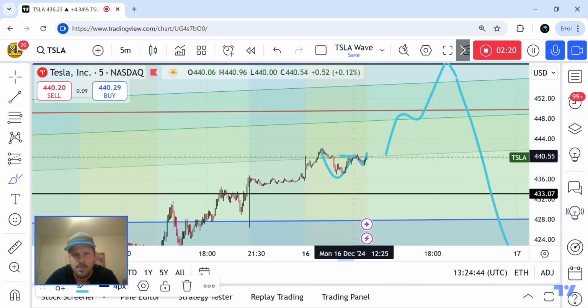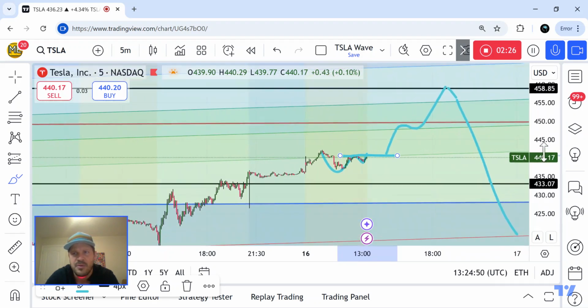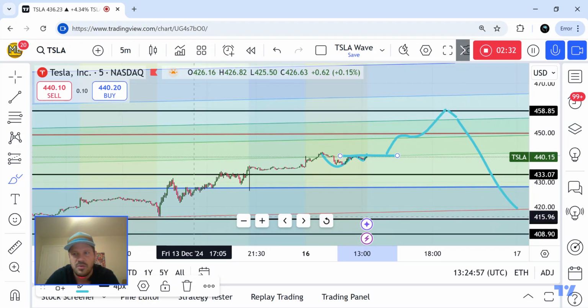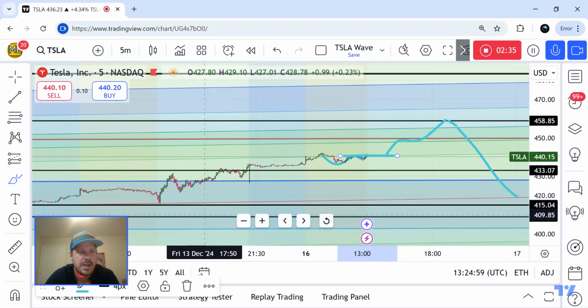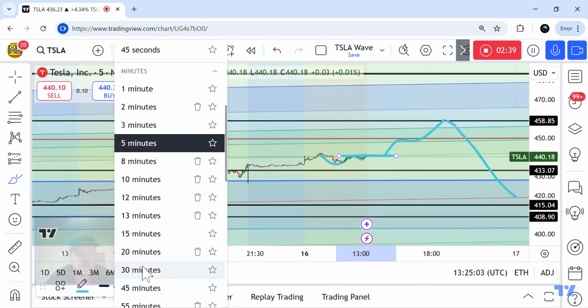If we break this level of resistance here, that would indicate to me the drive up for 458. From 458, you can either run the correction down to the 415, which is another median line, which makes sense. So I'll bring us out to 30-minute so you can see.